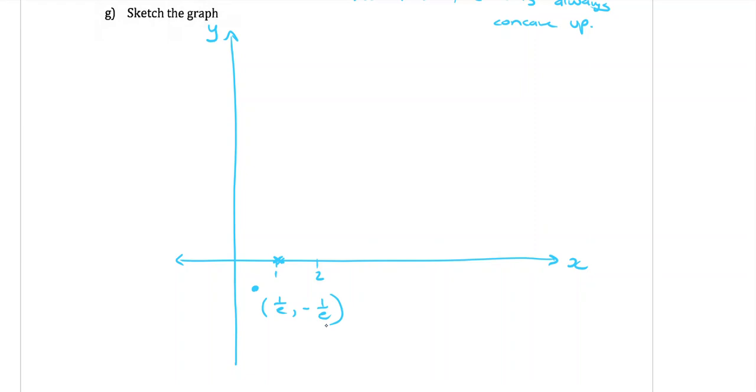That is a minimum turning point we found. It's never going to hit the origin. So it's going to come down, more curvy, like that. Always concave up.